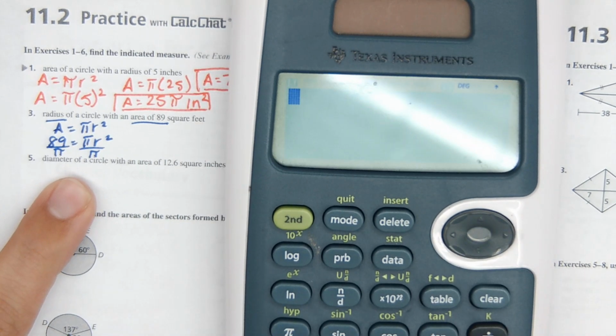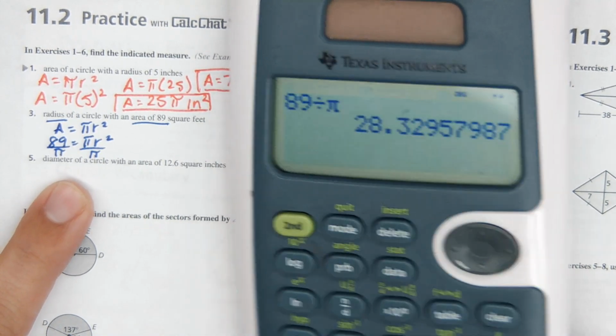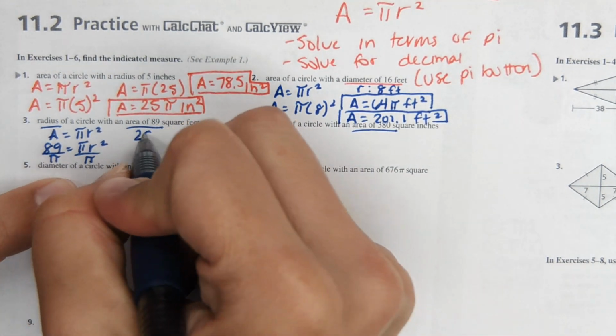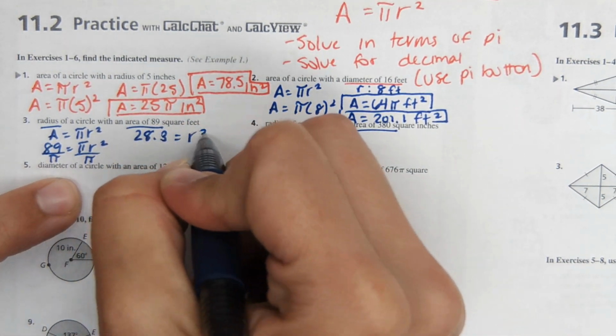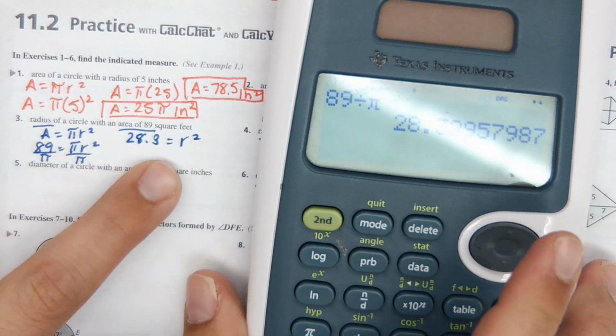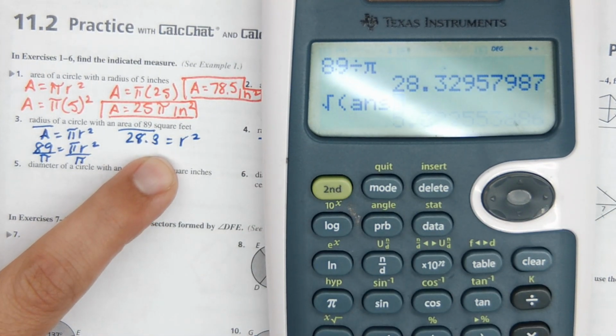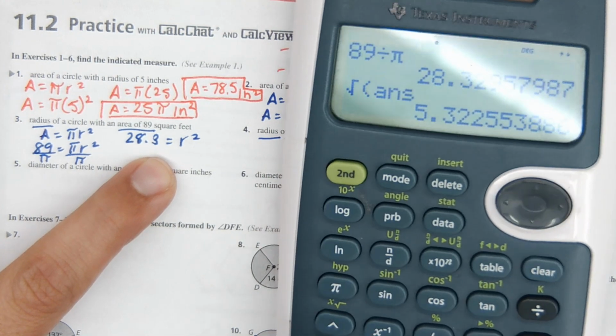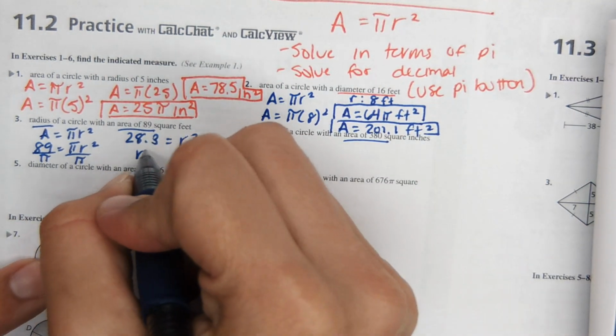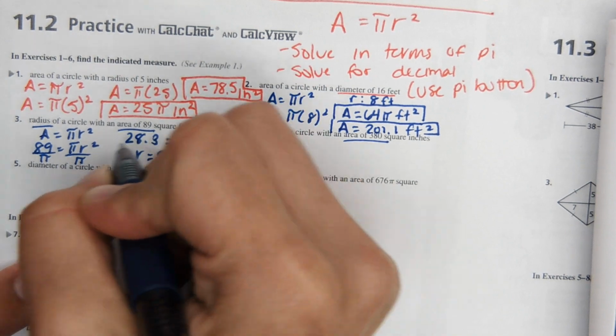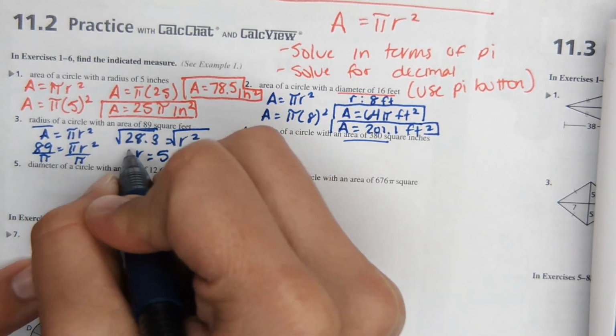In the calculator, 89 divided by pi is 28.3 equals r squared. Then I'm going to take the square root of that number, and it comes out to 5.3. Radius equals 5.3. I took the square root of both sides to get this.